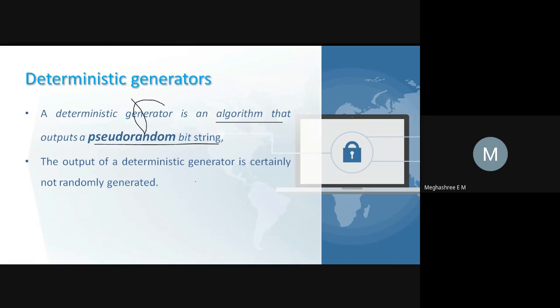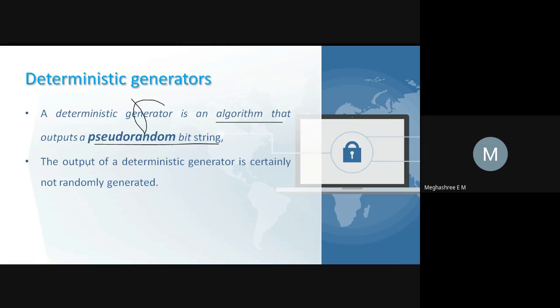The output generated with the help of a deterministic generator is certainly not randomly generated. We'll see in further slides why it doesn't have true randomness.